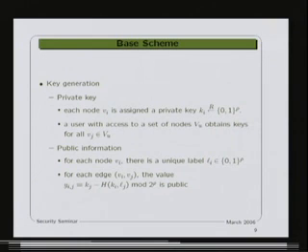And if I'm entitled to access a certain class, I'll get a secret key for that particular class. And if I'm entitled to access more than one separate class, I'll get a key for each of the classes to which I belong.